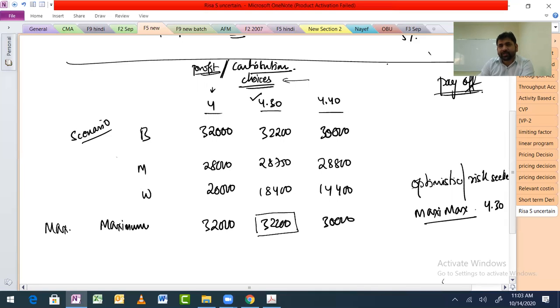Are we fine with that? Yes, sir. And again, this was a little bit rocket science. The easiest way out is look at this entire table. Do you see a bigger number than 32,200? No. So another way of doing this is look at the table, find the highest number. Wherever it is, that is the policy we'll do because you are optimistic.